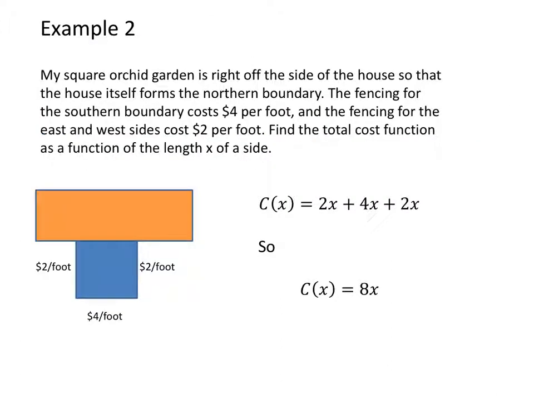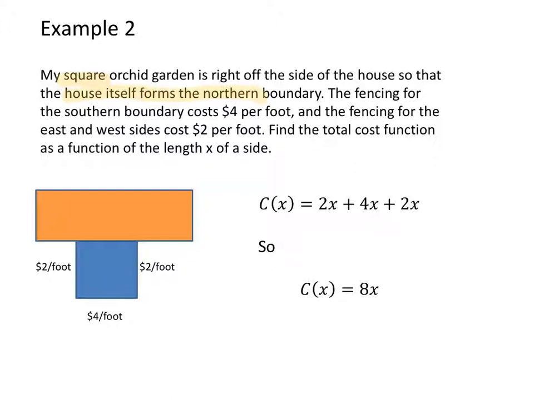Example 2. My square orchid garden is right off the side of the house, so that the house itself forms the northern boundary. So I don't have to do anything with that. The only thing super important in this first sentence is the fact that I'm using a square orchid garden, so squares. And the house forms the northern boundary.